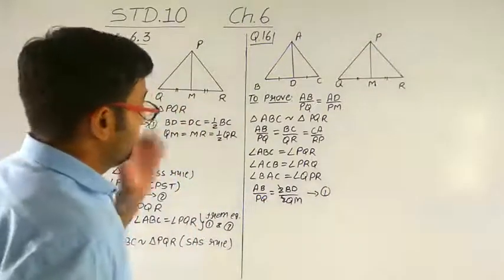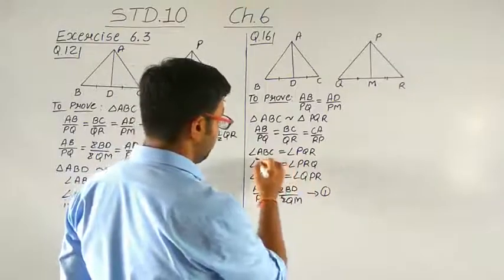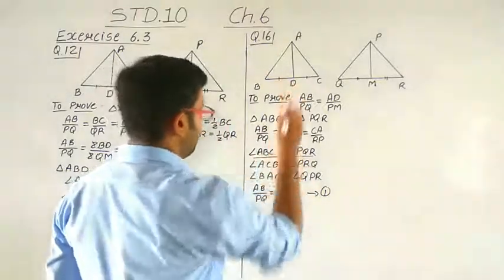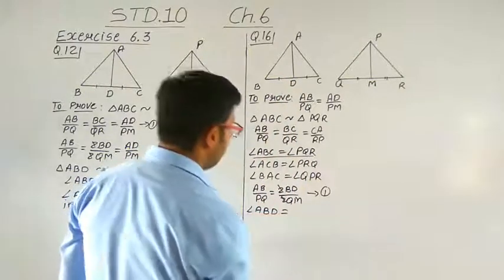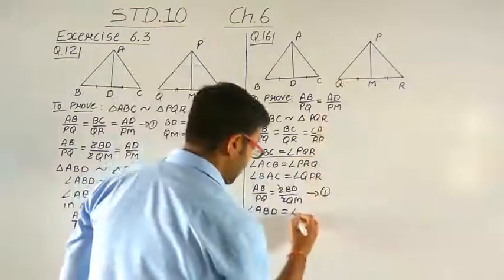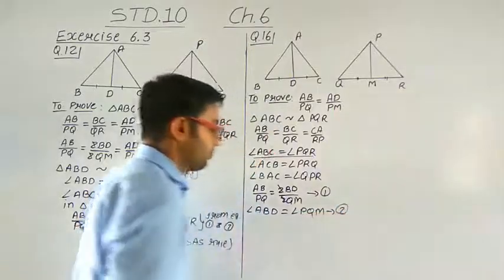Now here, one of the angles we can use is ABC and PQR. Instead of ABC, we can write angle ABD, and instead of angle PQR, we can write angle PQM. This gives the second equation.